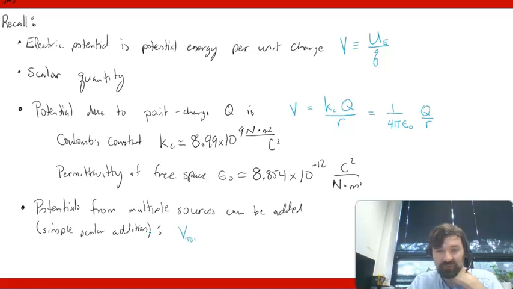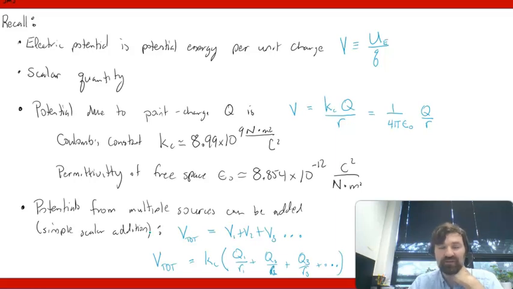If I want to get a total potential at some point, I can just add V1 plus V2 plus V3, etc. Or in other words, if I want the total from a bunch of point sources, I have Coulomb's constant, or 1 over 4 pi epsilon naught, times the first charge divided by the first distance, plus the second charge divided by the second distance, plus the third charge divided by the third distance, etc. And again, these are scalars, so they are much easier to add than, say, electric fields, which are vector quantities.